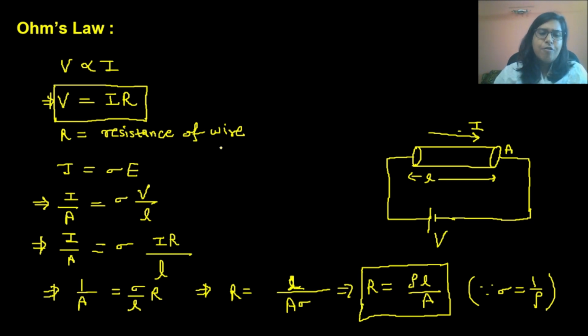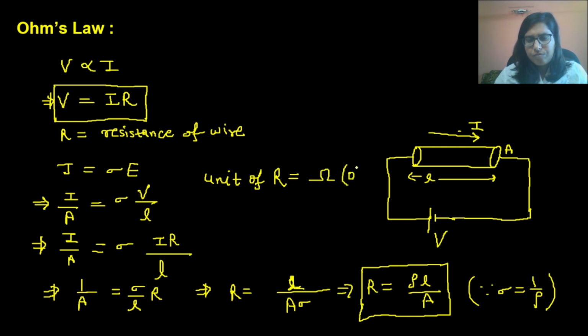Now the unit of resistance is ohm. And the unit of rho in terms of ohm is ohm into meter.